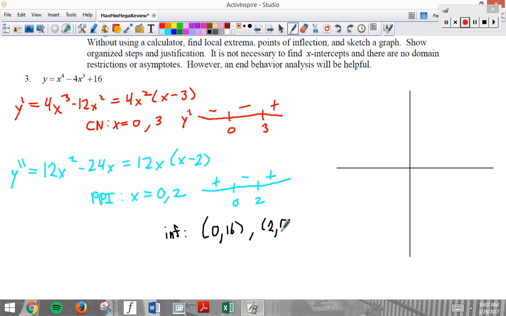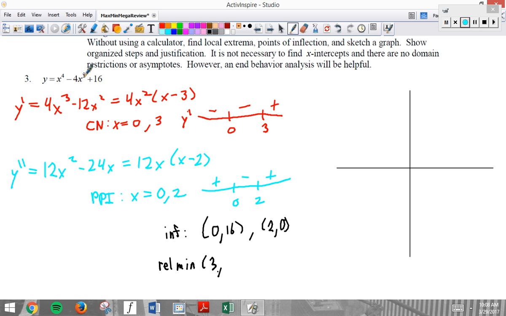Ooh, shiny. Rel max. I'm sorry, it's rel min. Notice how 0 is not a relative max. It goes from decreasing to decreasing.